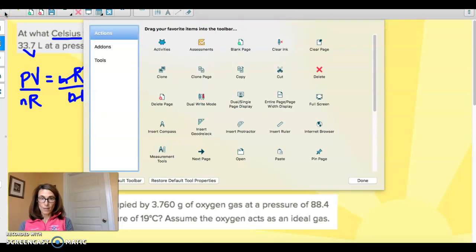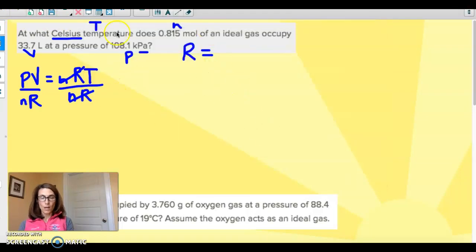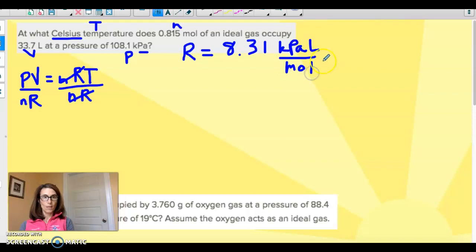So if we go back, oh, that's not going to work. We would use our 8.31 kPa liters over mole K.